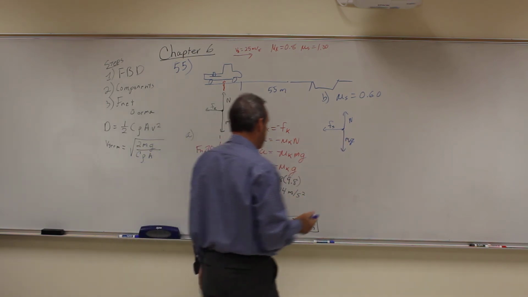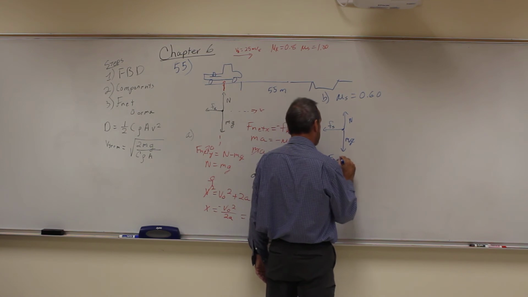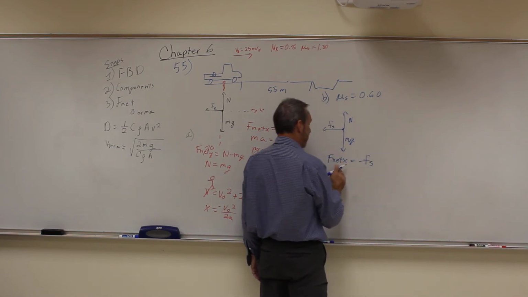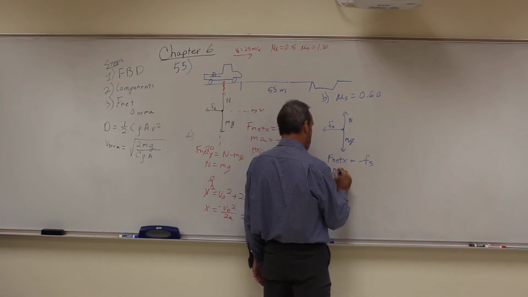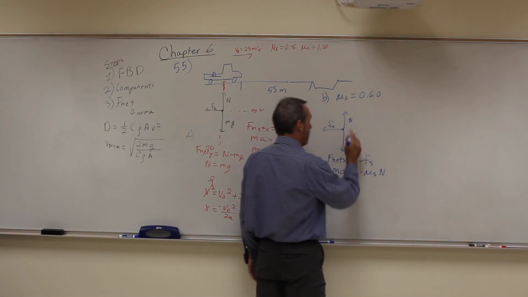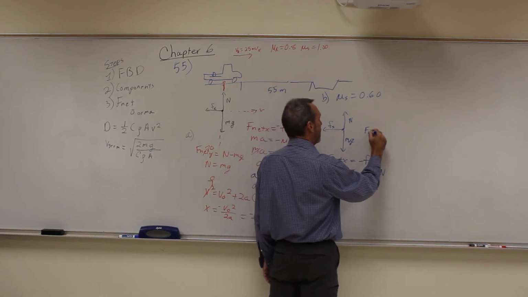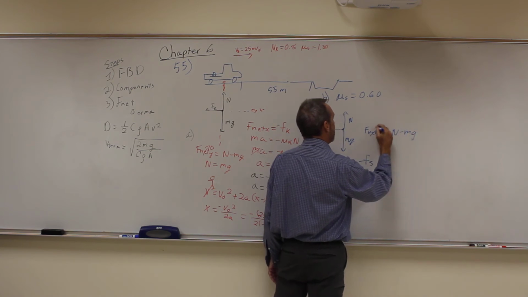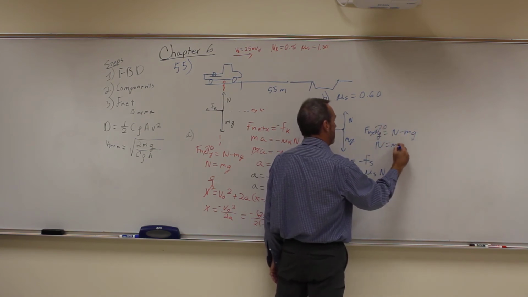So I'm going to do F net x is just equal to negative Fs, and this is going to be ma, right? So ma is going to be minus mu sub s times the normal force. The normal force is equal to mg, because N minus mg is equal to this. This is 0, so the normal force is equal to mg.